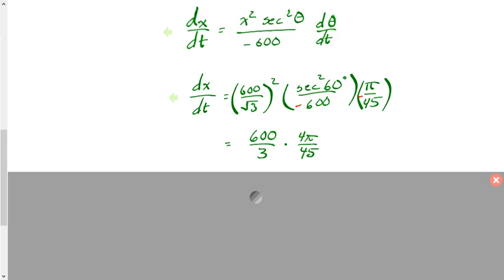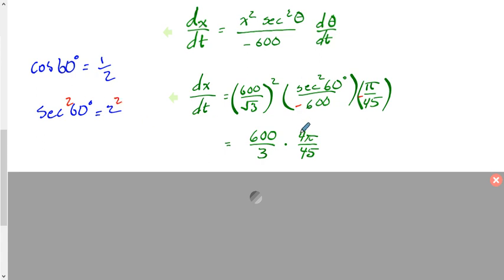So again, if we do a bit on the side here, we'll remember that cosine of 60 degrees will be 1/2. So secant of 60 degrees will be 2. And since I have secant squared, I'll have 2 squared, which is where this 4 is coming from.